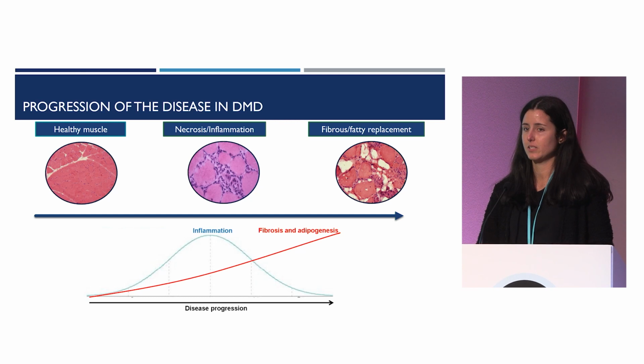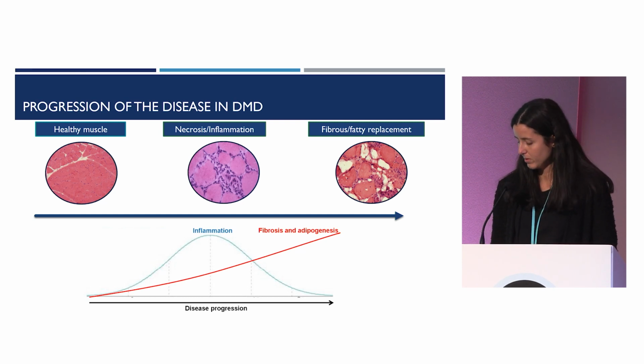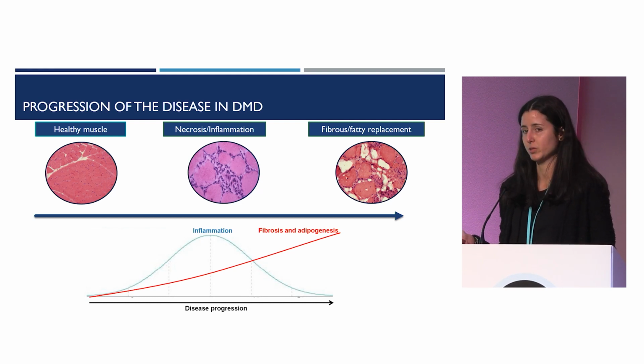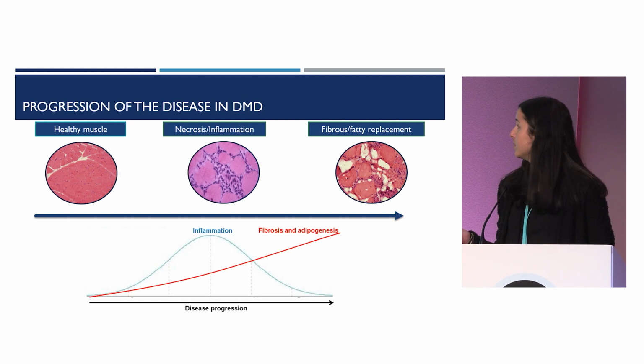These represent different inflammatory cells that migrate into the muscle. And this is followed by a replacement of the muscle by fatty and fibrous tissue. So as the disease progresses, there is more fibrotic and adipogenic tissue in the muscle.